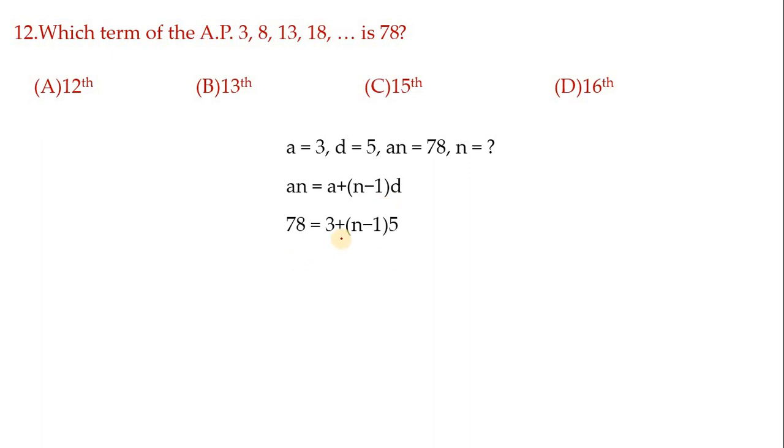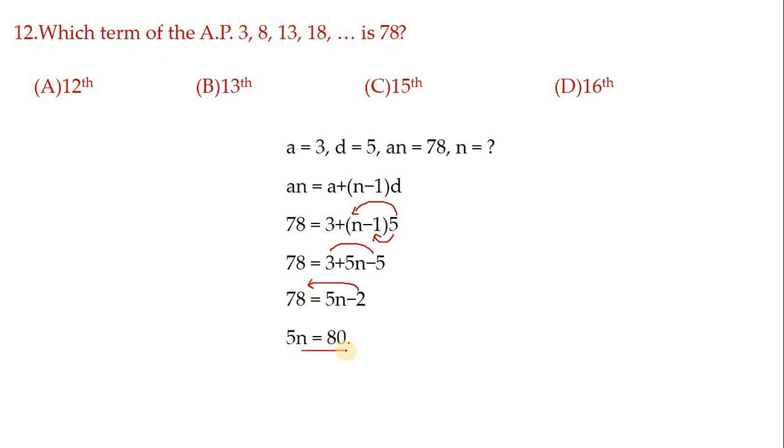Take the nth term finding formula, substitute the values. Now let us simplify this, children. So here 5 multiplied to n, we get 5n, and again 5 multiplied to minus 1 will get minus 5. Now 3 minus 5 means we get minus 2. Next, this minus 2 transfer this side, 78 plus 2 means 80.